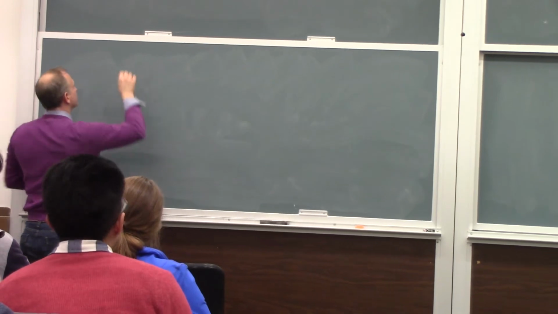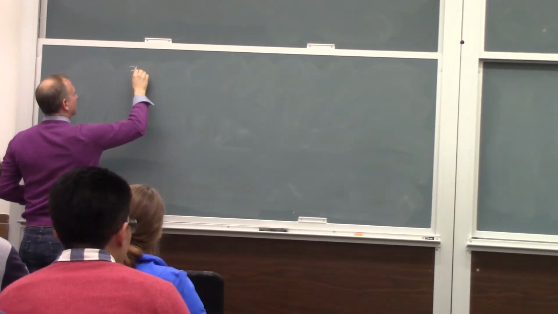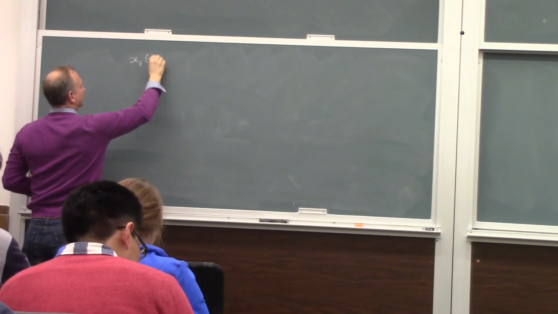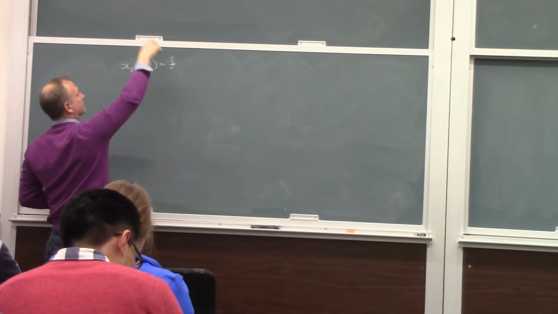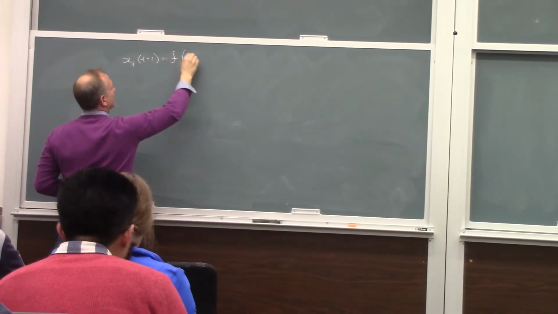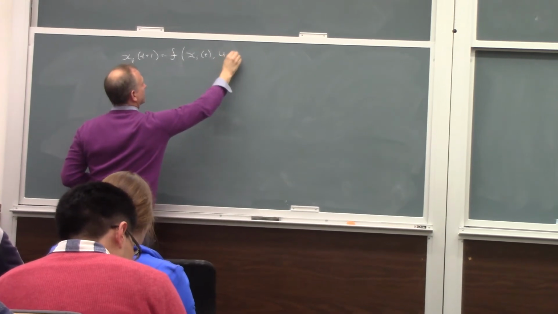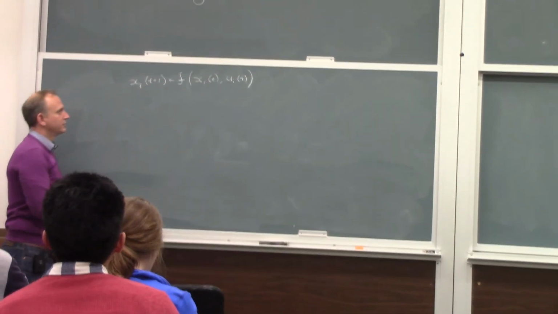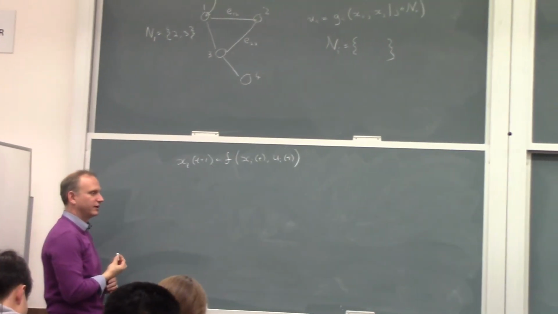So continuous time model looks like that. Discrete time model looks like this. x_i(t+1) is equal to some function. These f's are not necessarily the same. f_i of x_i(t) and u_i(t). So continuous time, discrete time.